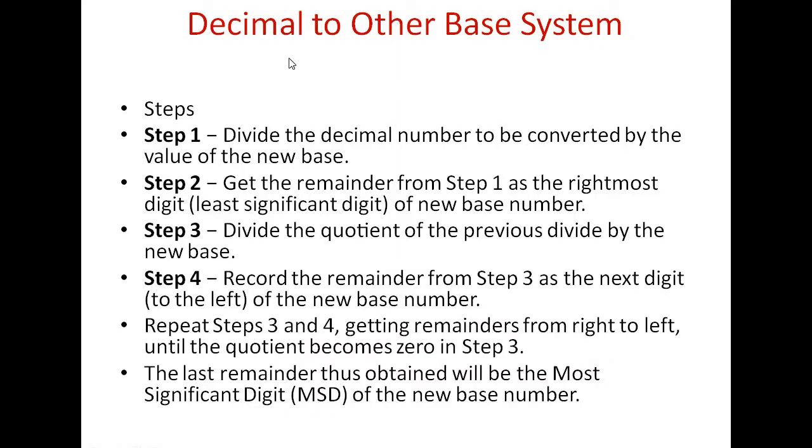So first we will discuss how to convert decimal to other base system. Other base system means decimal to binary, decimal to octal, decimal to hexadecimal number system. Okay, so what are the different steps? Step 1, divide the decimal number to be converted by the value of new base.